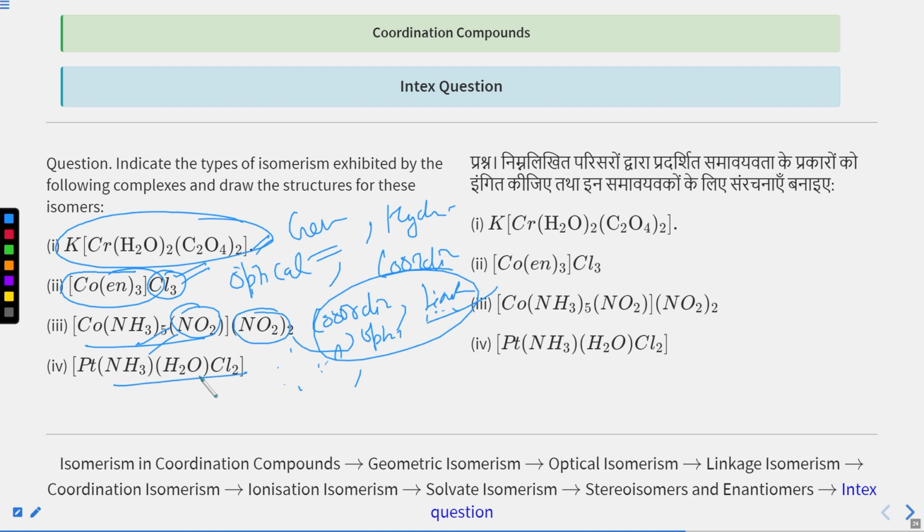Now talking about the last one, it has two Cl's, so it is of the type MA2BC2, I would say. So geometrical isomerism, first of all, is possible. I would say one more very important thing: square planar complexes will never show optical isomerism.